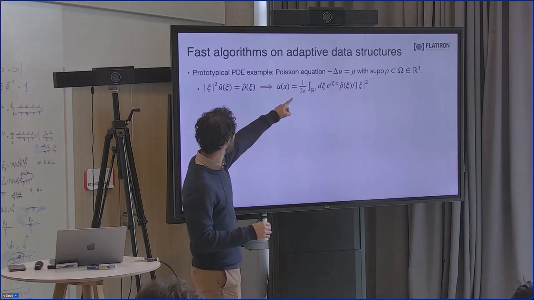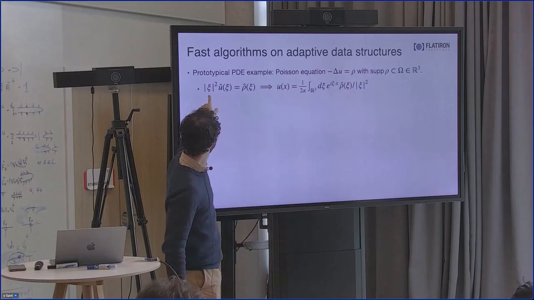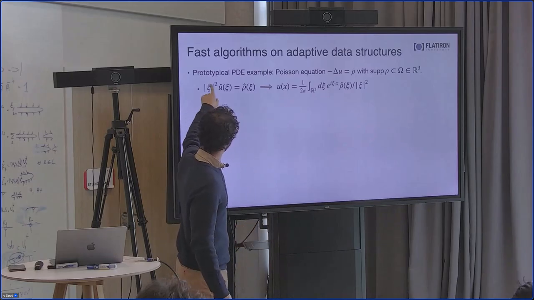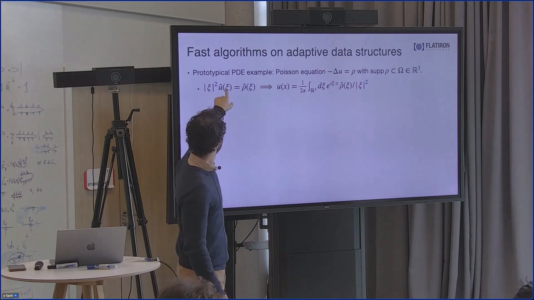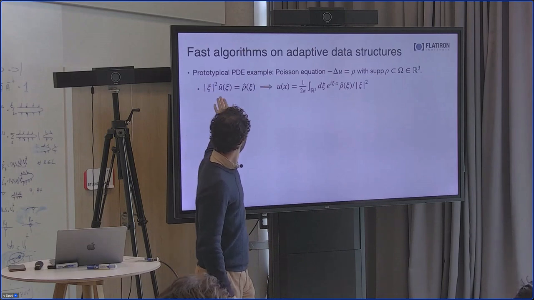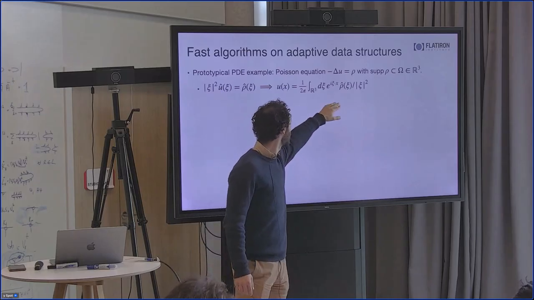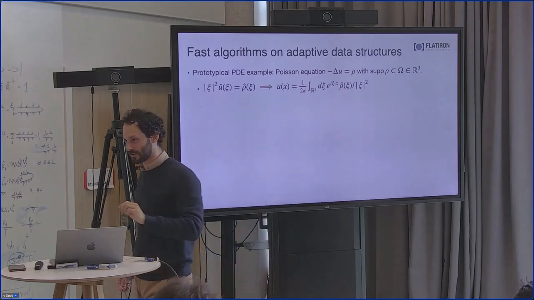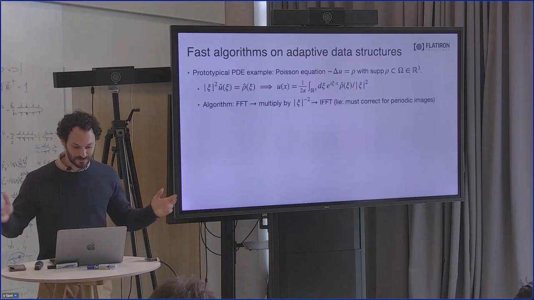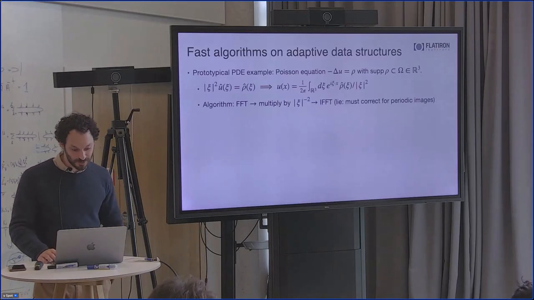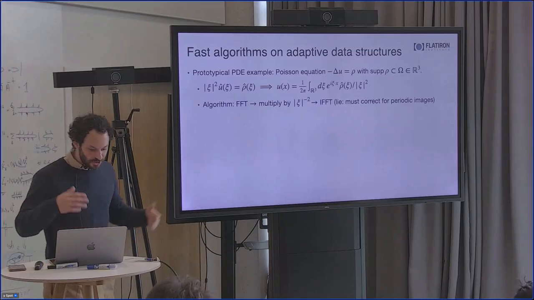Well, you Fourier transform both sides. You get this xi squared symbol of the Fourier transform coming out. Xi is the Fourier transform variable. And then you divide by xi squared, and you take an inverse Fourier transform, and that gives you a Fourier transform expression for the solution, which suggests an algorithm.